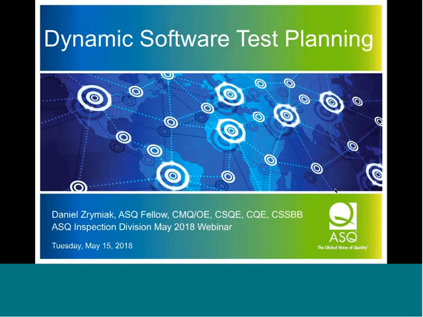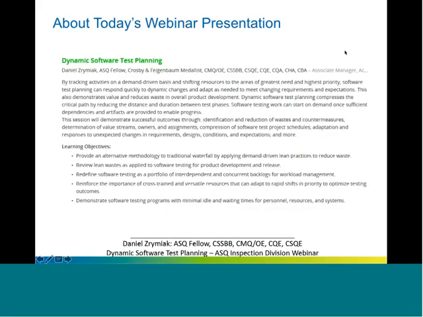As far as this particular presentation, this is the same one that I did in Seattle about 2 weeks ago. It's Dynamic Software Test Planning. To summarize, it expresses how lean can be applied within a software test project, to use the benefits and advantages of lean to not only fulfill what it is that has to be done, but do so in a way that uses the limited resources and time more effectively.